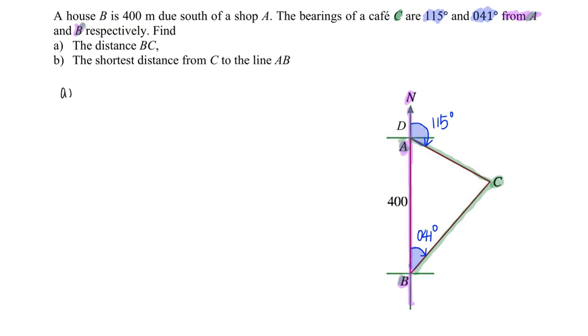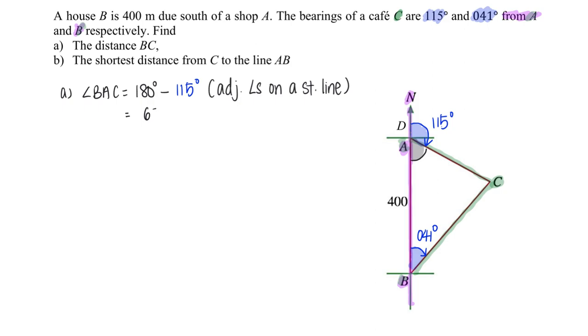Part A, it will be good if I know this angle here. So angle BAC will be equal to 180 degrees minus 115 degrees because they are adjacent angles on a straight line. And this will be 65 degrees.